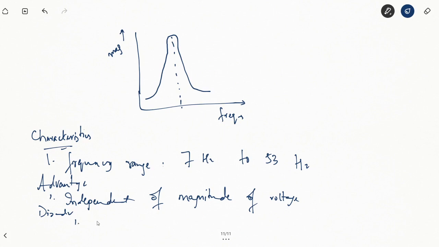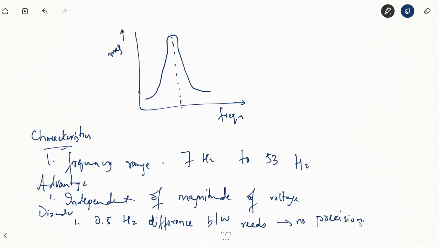However, there is a disadvantage associated with this system, and that is the reeds have a difference in measurement of 0.5 Hertz. So you have 50 Hertz, you have 50.5 Hertz, you have 49.5 Hertz.